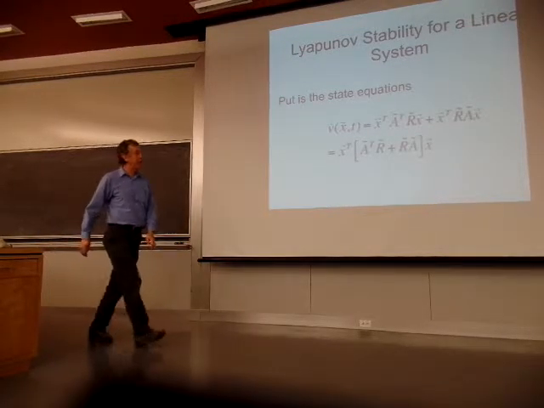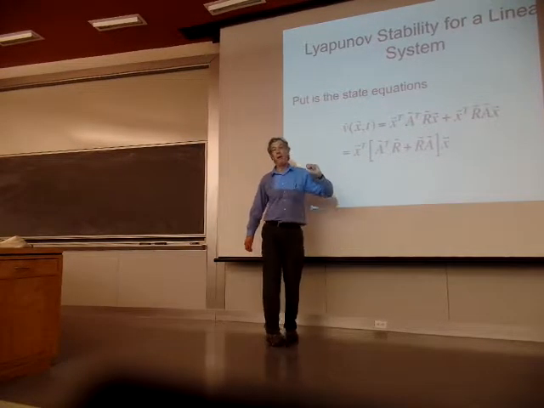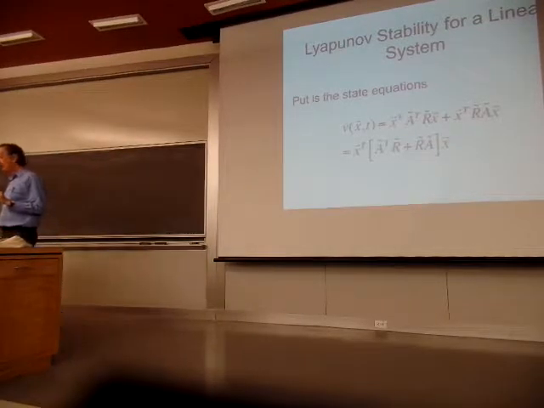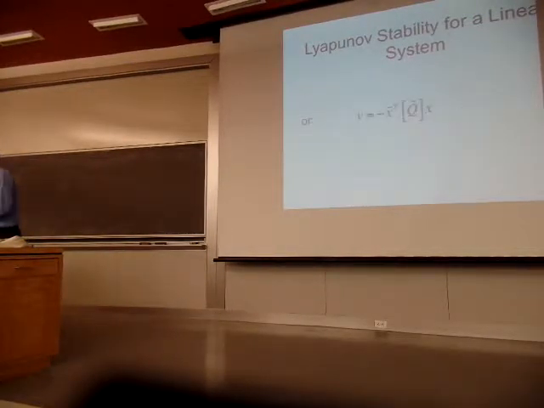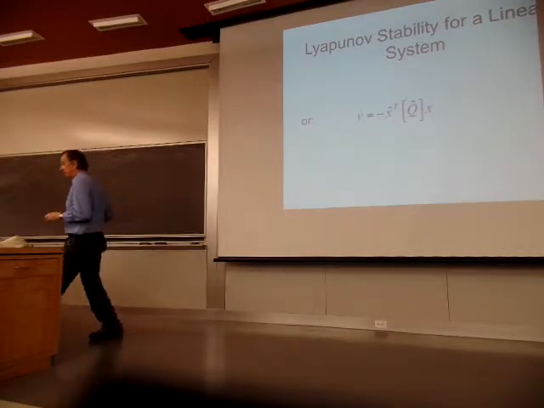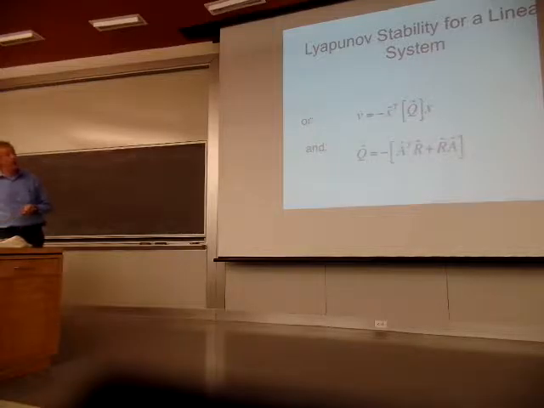Now, for this thing, we want the derivative to do what? We want it to be what? Negative. In fact, negative definite. So I'll call that mess in the middle Q. Q is this, A transpose R plus R A, and we want that to be negative definite.